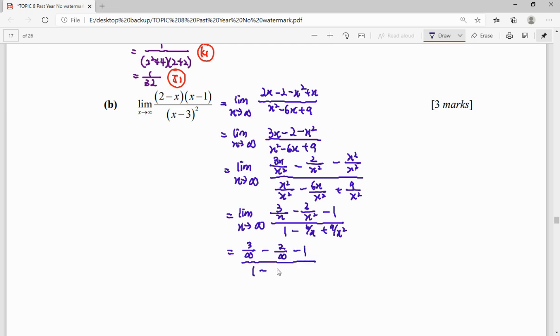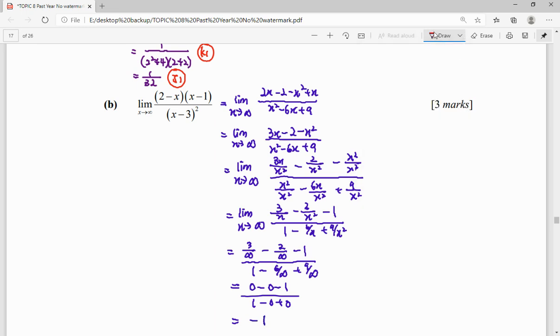Then 1 minus 6 over infinity plus 9 over infinity. A number divided by infinity gives 0. So 3 divided by infinity will be 0. Our final answer will be negative 1.